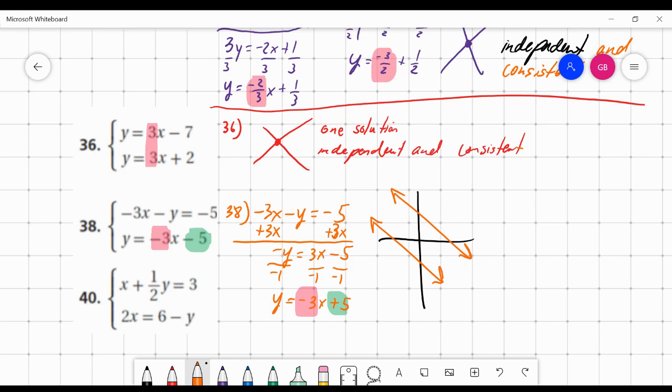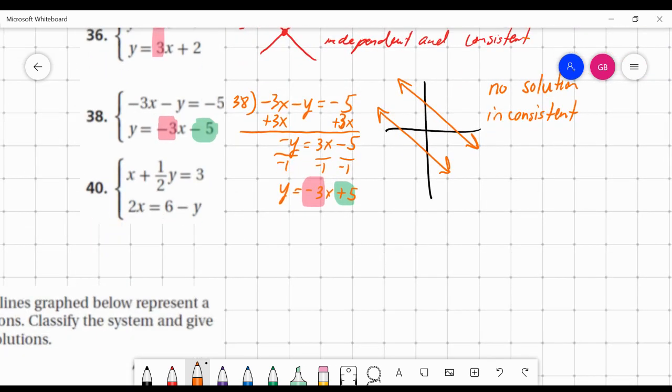They have the same slope, but they have different y-intercepts. So they're never going to intersect. So this one is no solution, inconsistent.